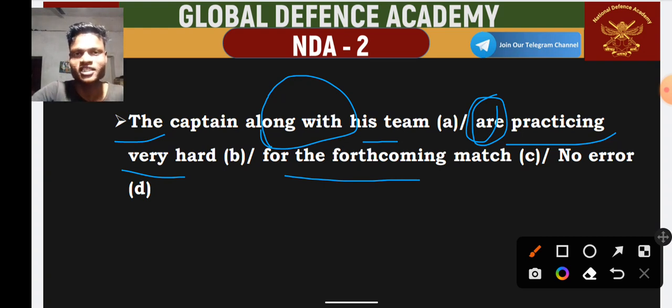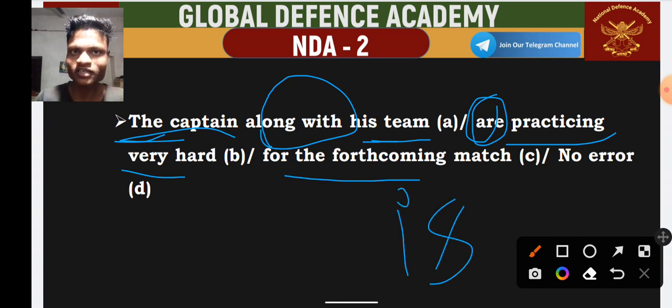So "along with" is a word from this list. When this word is used in a sentence, you have to use the verb according to the first subject instead of the second subject. The first subject is captain, not his team. Captain is the subject, so you have to use "is" instead of "are".